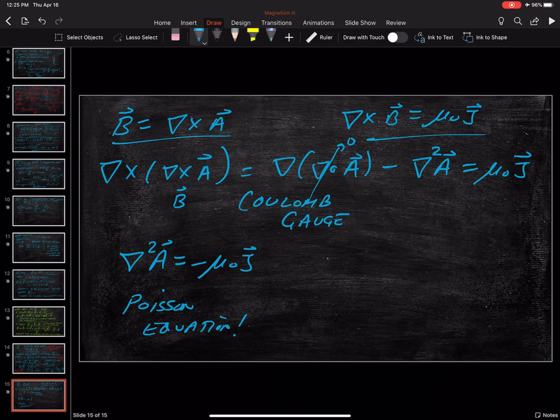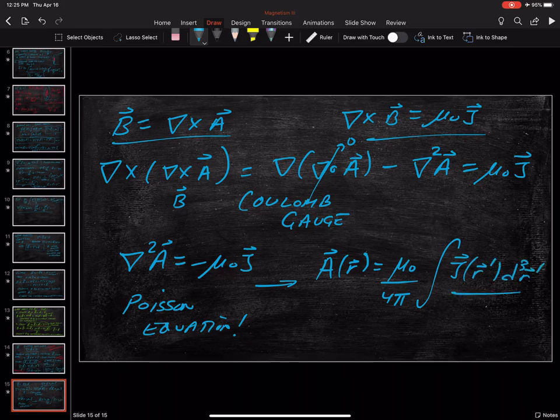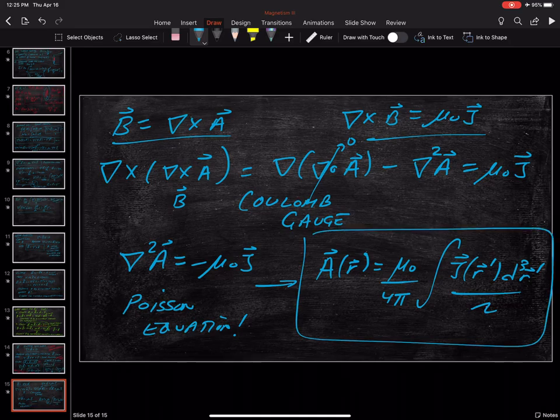Once again, I know my solution. A of r is equal to mu naught over 4 pi integral j of r prime d3 r prime over r. So it's just like the voltage. In fact, I'm going to make that more explicit.